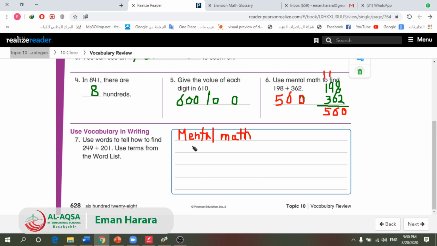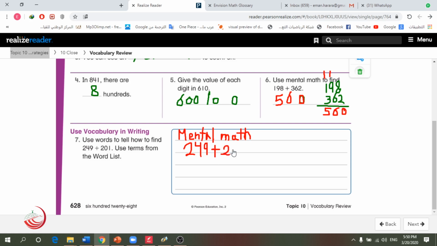So let's write the problem here. 249 plus 200 only, because we will add the one alone by itself. Now let's add together. 2 plus 2, it will equal 4.